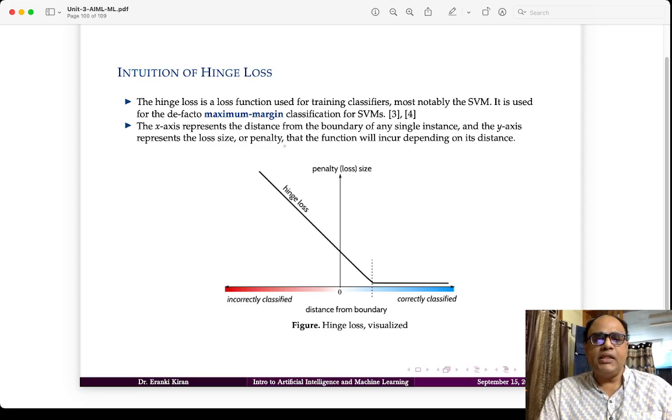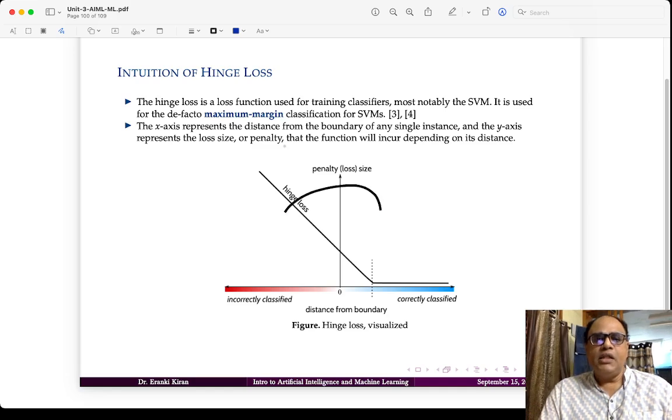If you see this picture, say I want to move the hinge in this direction, this diagonal movement from this side to that side, or you are moving the data points to this side. Either of the two cases will contribute to hinge loss.